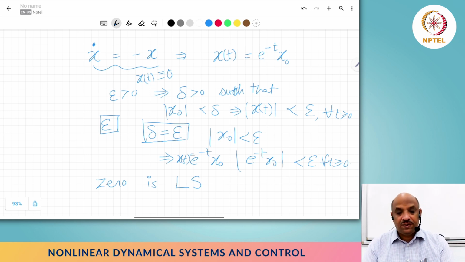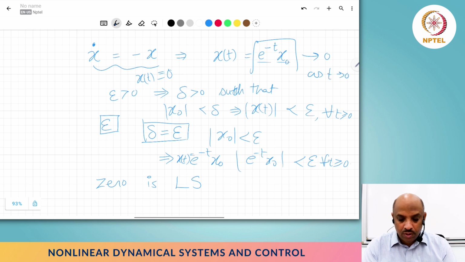The next question is, is this asymptotically stable? It so happens that e power minus t x0 goes to 0 as t tends to infinity, irrespective of x0. That means this is globally asymptotically stable. Remember, local stability is about whether you can find a region around which the system behaves well. In the sense of Lyapunov stability, we have this weird epsilon delta definition.